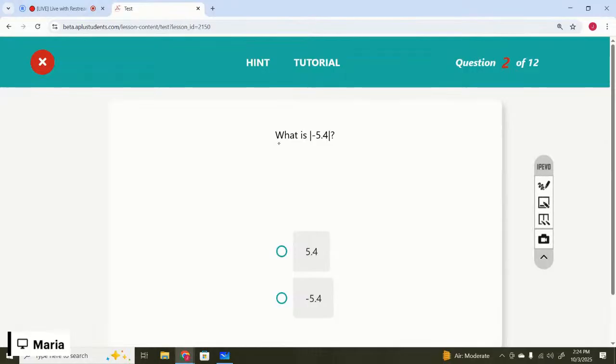What is the absolute value of negative 5.4? That is 5.4. Option number 1 is the correct option. Absolute values of negative numbers are positive values.